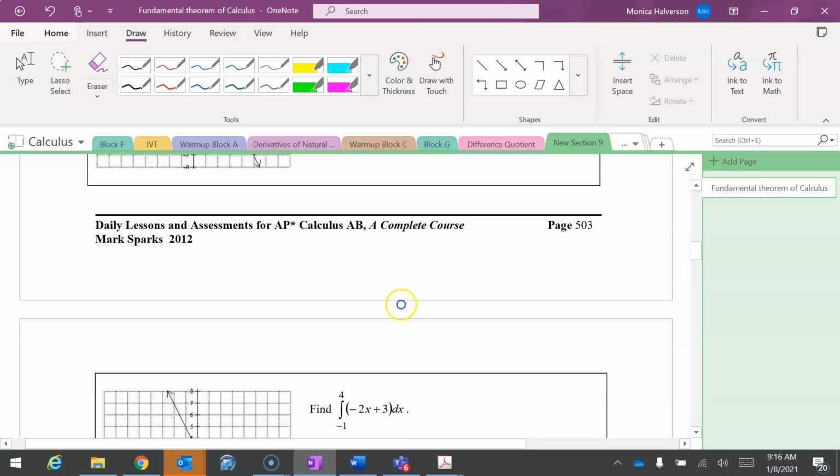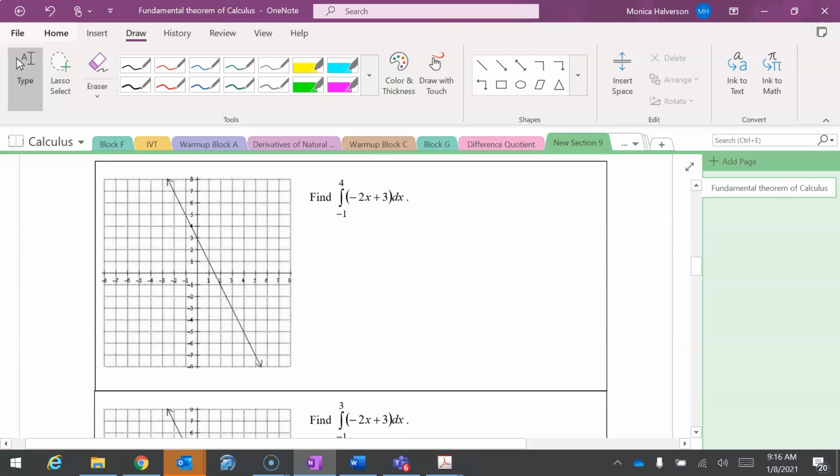So now let's look at the next example together. Let's find the definite integral from negative 1 to 4. Now, if we were doing it by looking at the shapes, we have 2 triangles here. We have the red triangle and the blue triangle. The area of the blue triangle is 1/2 base times height, which is 1/2 times 5 times 2.5.